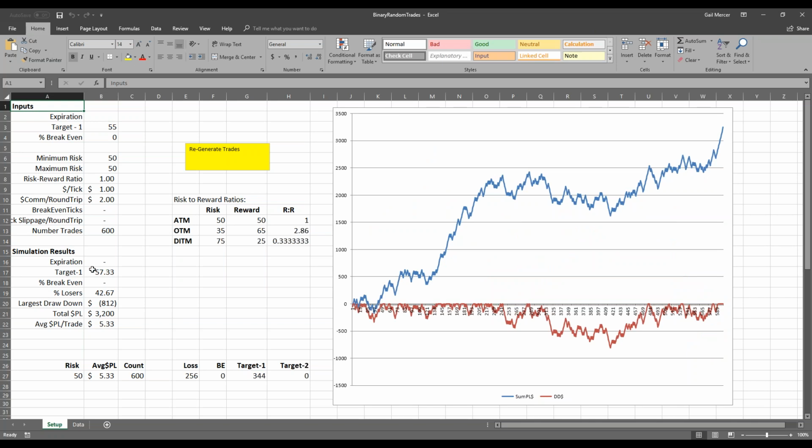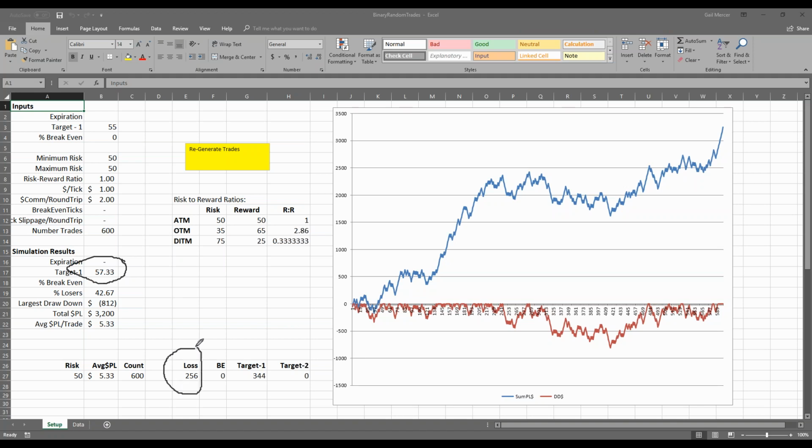Okay, at 57, and this is where you need to look towards the bottom. This is a 57.33 profitable percentage, and you can see this is not a bad equity graph.